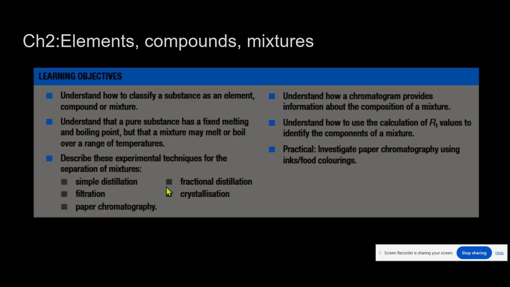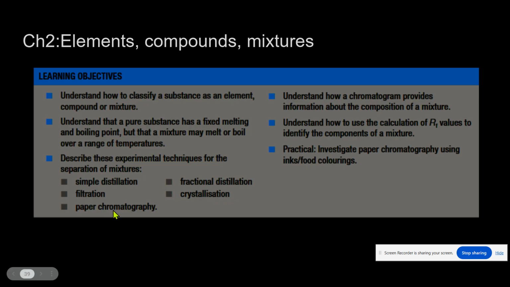Simple distillation and fractional distillation use different boiling points. Filtration uses the particle size, and also how soluble it is in water. Crystallization uses the boiling point change. After you evaporate all the liquid, you will be left with crystallized salts.